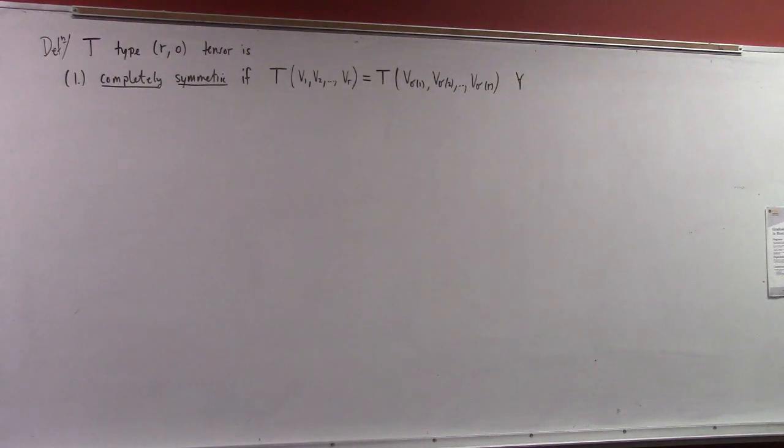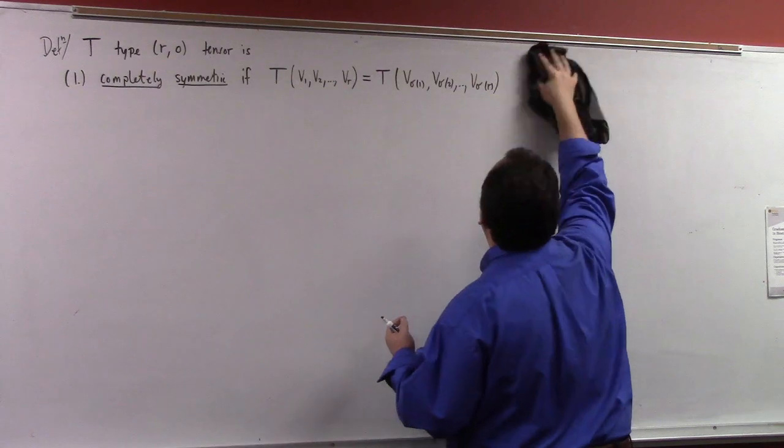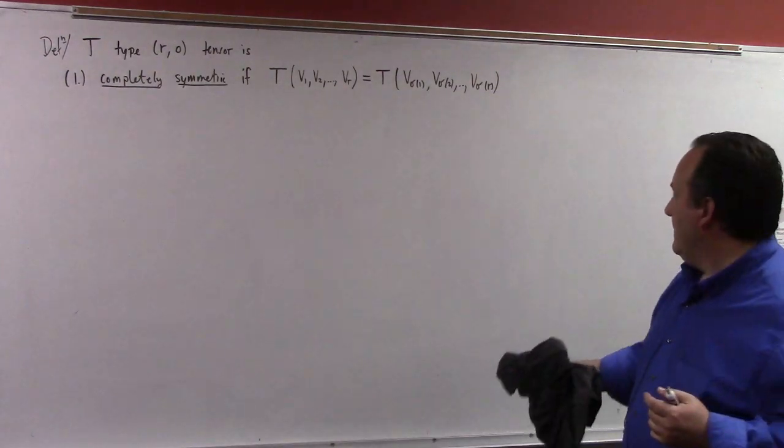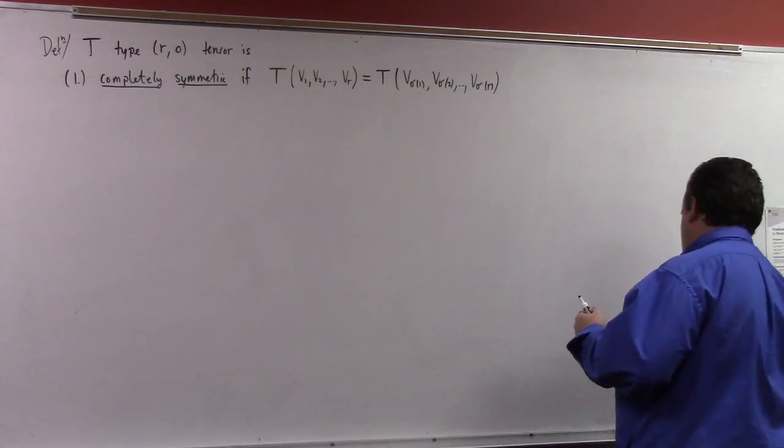For all sigma what? What are we looking at here? Permutations of what? For all R. I mean, I. Sorry.